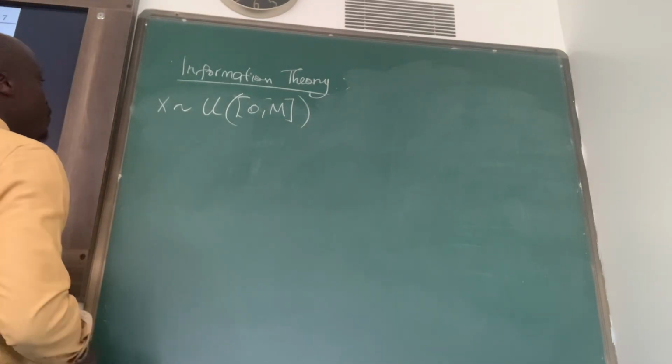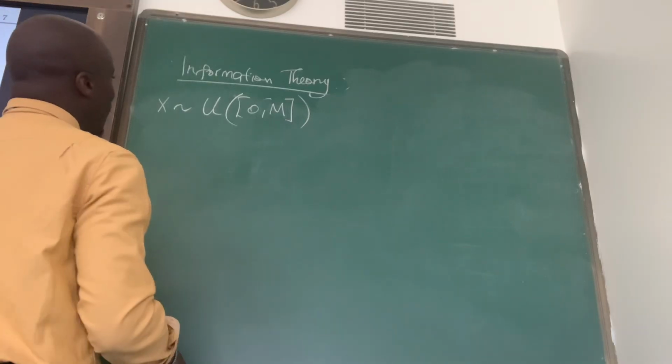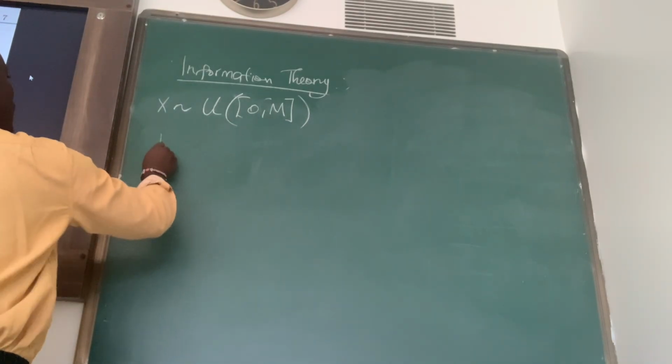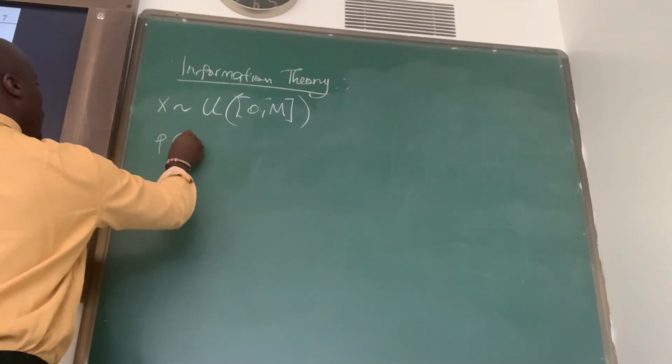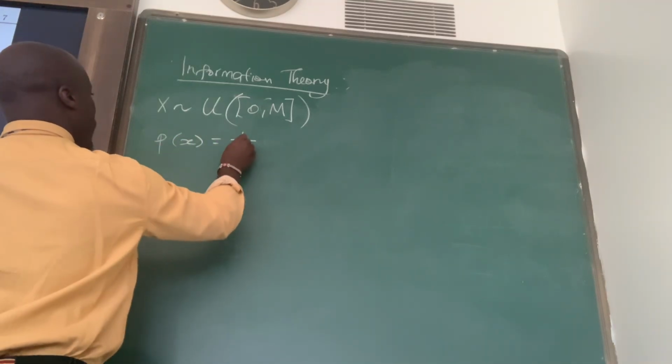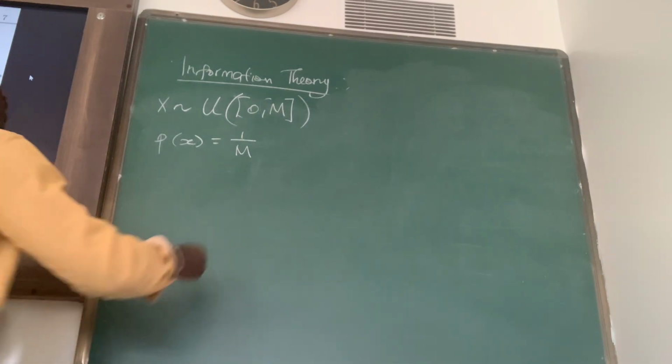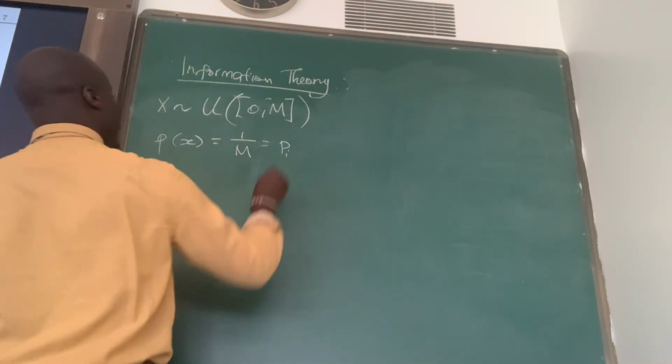Now, if X is distributed uniformly from 0 to M, that means that for each X, P of X is just going to be 1 over M. So these are what you're calling P of i.